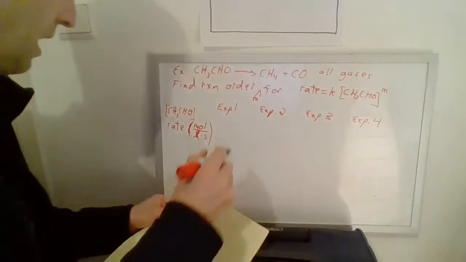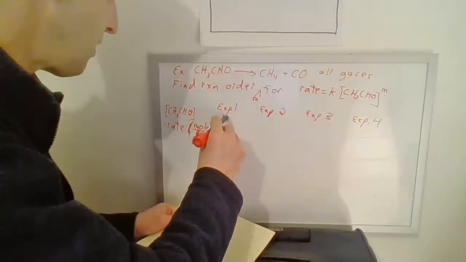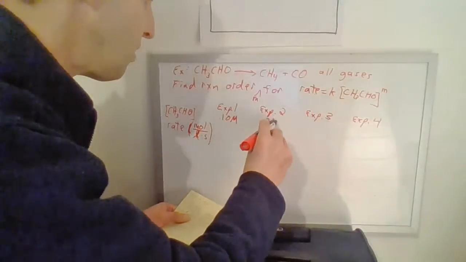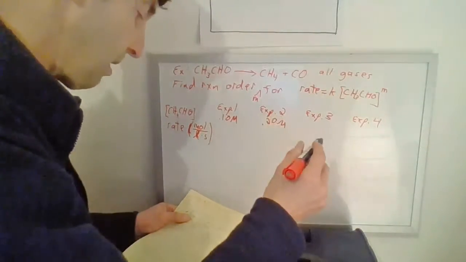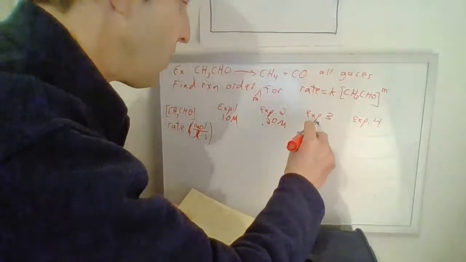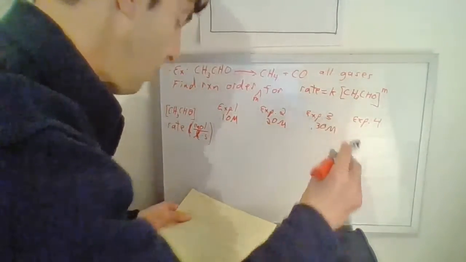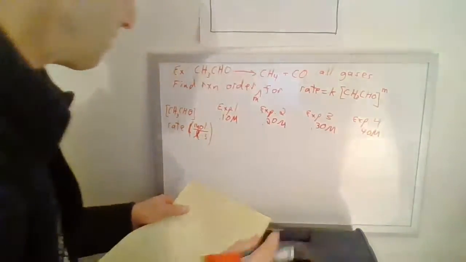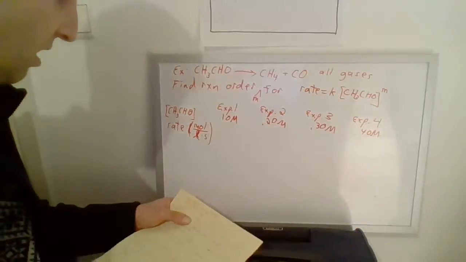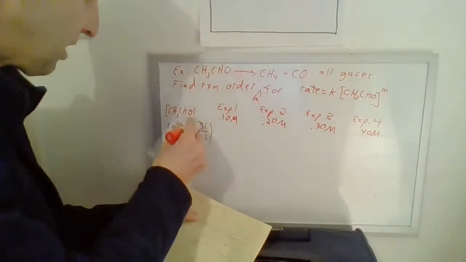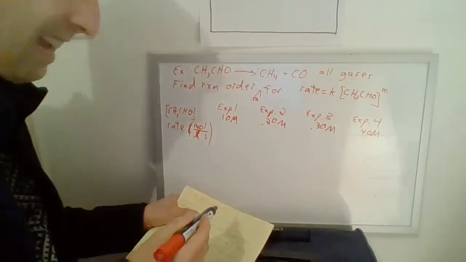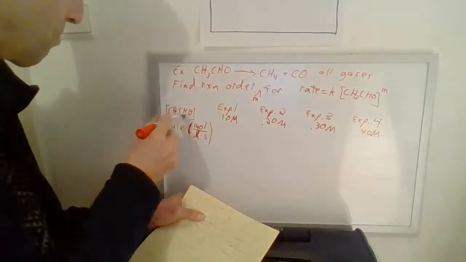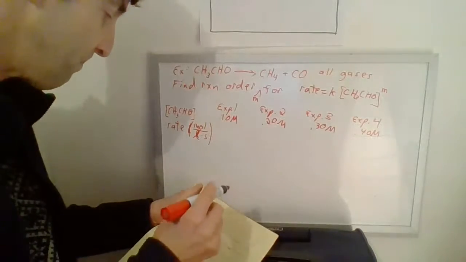All right, here we go. So we have 0.1 molar, 0.2, 0.3 molar, and 0.4 molar. And here are the rates. I'm not going to write a label because I have the label here. It's all moles per liter, but that's what the brackets mean anyway.